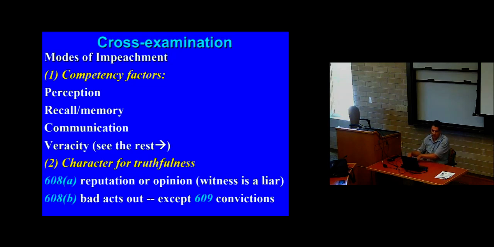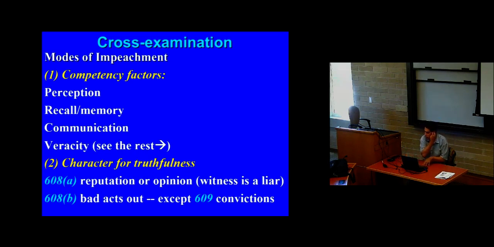Remember, that former conviction is not being used for a 404 general character, that he's a robber, a liar, he's violent, any of those things. That would be improper. What we're doing is the character of a witness. The only pertinent character trait of a witness is truthfulness.